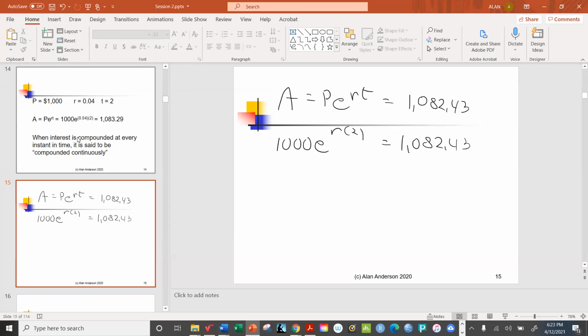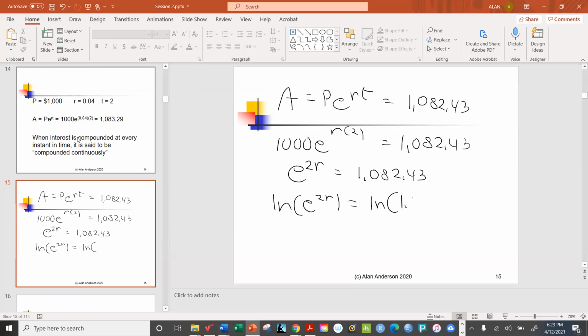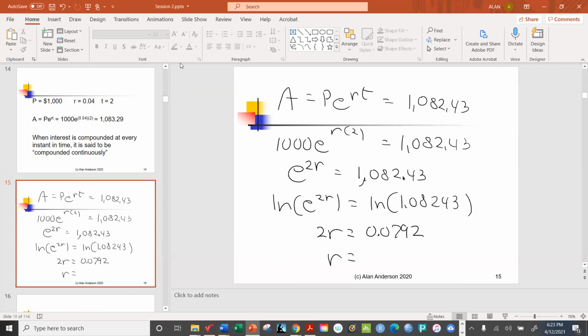So then I'll divide both sides by 1,000. And now I'm going to take the natural log of both sides of this equation. So that leaves me with 2r equals the natural log of this number, 1.08243, which is 0.0792, and so therefore R would be approximately 0.0396.